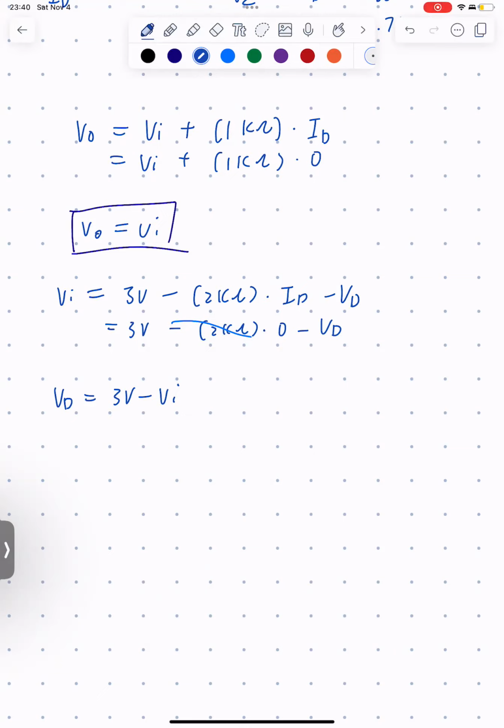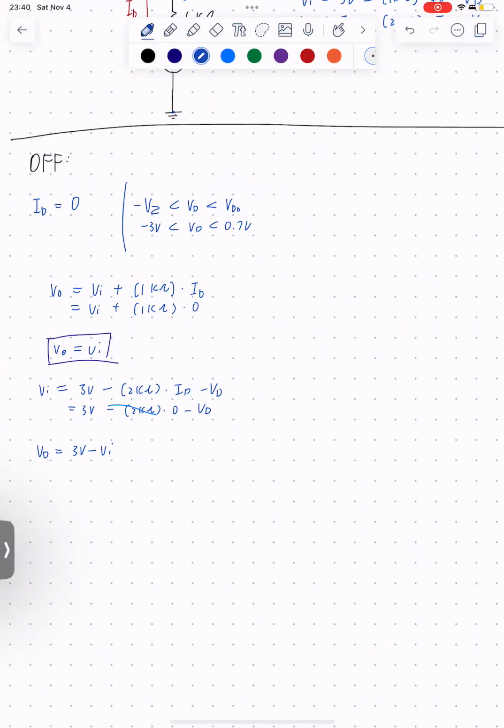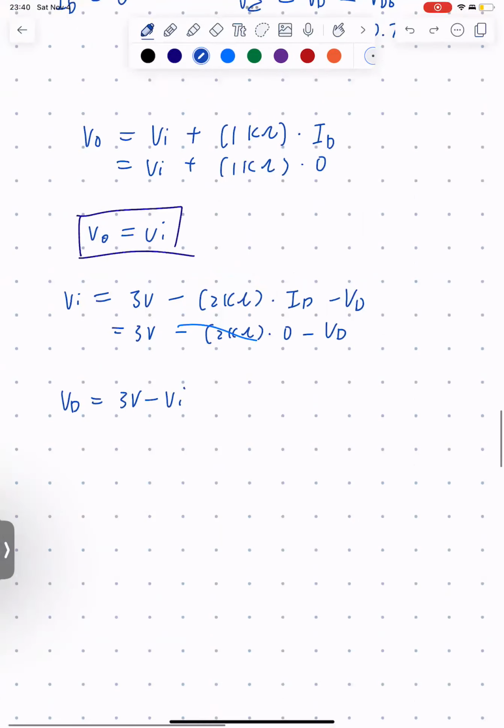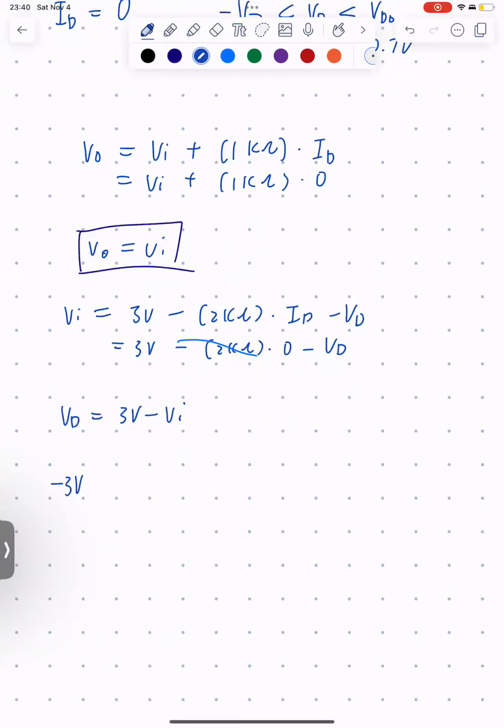Now this is very good because the condition that we knew before was a condition for VD, but that's not what we want. We want a condition that relates to VI, the range of VI when it's off. Since we know VD is in between -3 volts and positive 2.7 volts, this equation, 3 volts minus VI, will also be in this range since it's equal to VD. So let's do that.